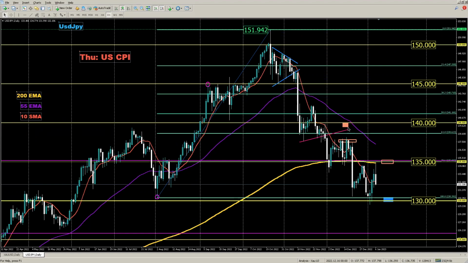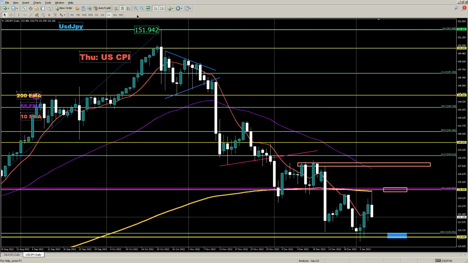And let's clear these. This area will be key resistance as well. All right, so now it's consolidating between the swing low at the 130 to the 135 area where the 200 EMA is.